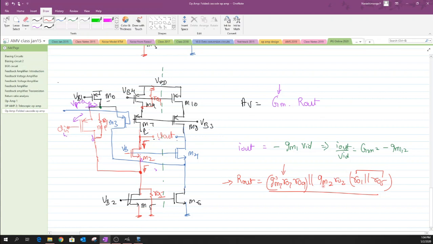Okay, so generally this particular downward impedance will be slightly smaller than the value that we attain through this PMOS structure, just because of the parallel combination of RO1 and RO5. Okay, so that is something that we need to give up when we try to have an op amp that can be used for a unity gain feedback circuit. It is always a kind of business where we have to lose something in order to gain something.